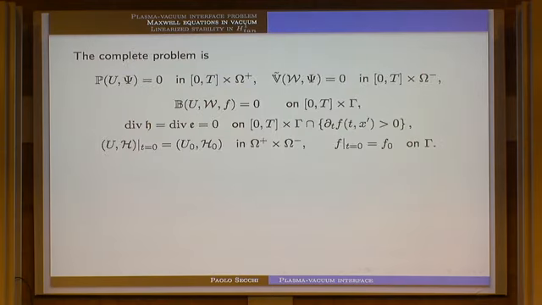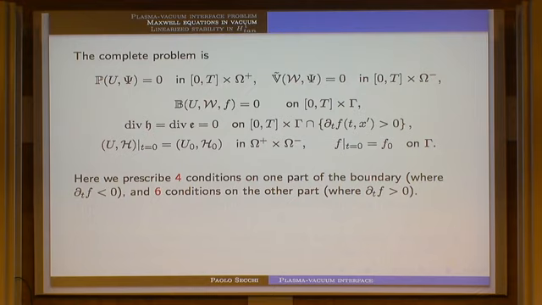So this is the complete form of the problem. Plasma equations here, vacuum with Maxwell equations, the 4 boundary conditions that I wrote before, and the 2 constraints on this part of the boundary only. And this is a big difficulty, because now we are prescribing 4 conditions on the part of the boundary where the derivative is negative, and 6 conditions on the other part.